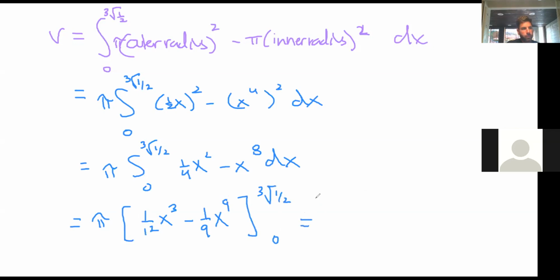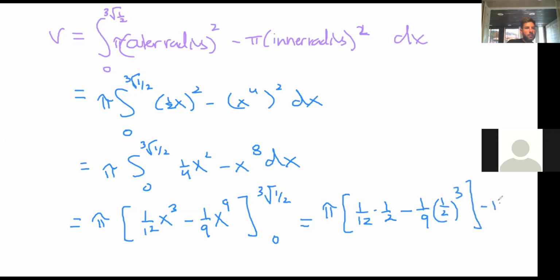And so I first plug in 1/2 to the power 1/3. But look at the powers here. This becomes an exercise in elementary algebra, properties of exponents. This is 1/12. When I plug 1/2 cubed in, I just get 1/2. And then when I plug in 1/2 to the power 1/3 into 9, I get 1/2 cubed.